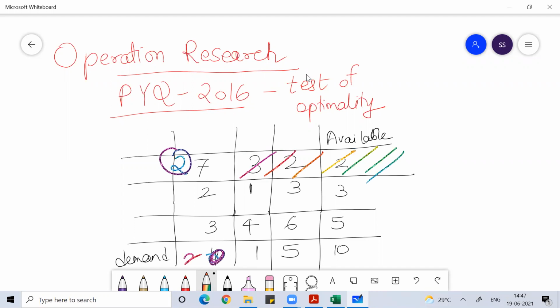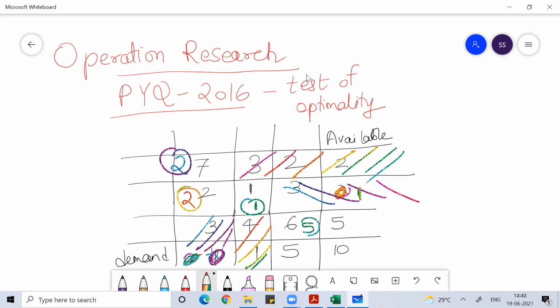Then for the next cell, you'll put 2, and this is done, and the availability left is 1. Then you'll put here 1, and if you put here 1, it means here is done. So now you can see here you'll put 5. So you see, this is the solution what you got, guys.